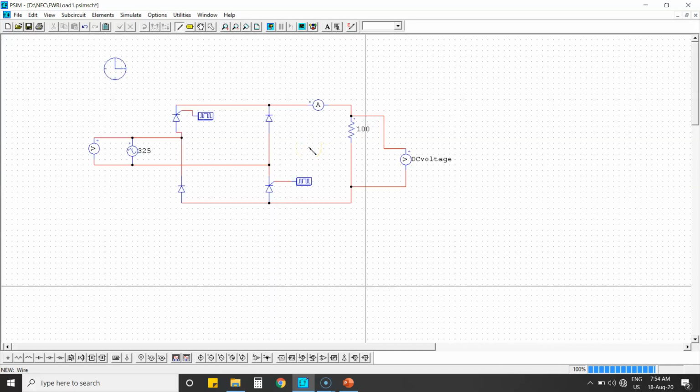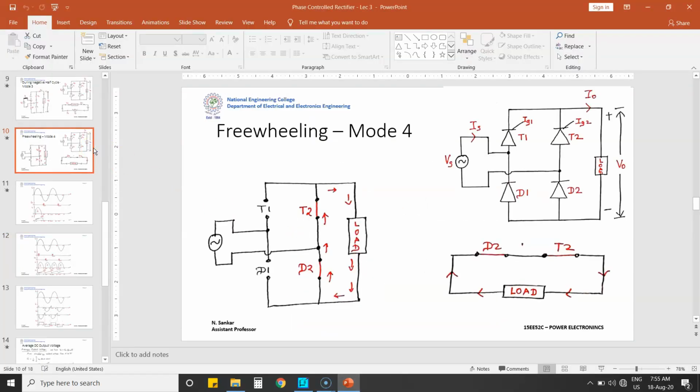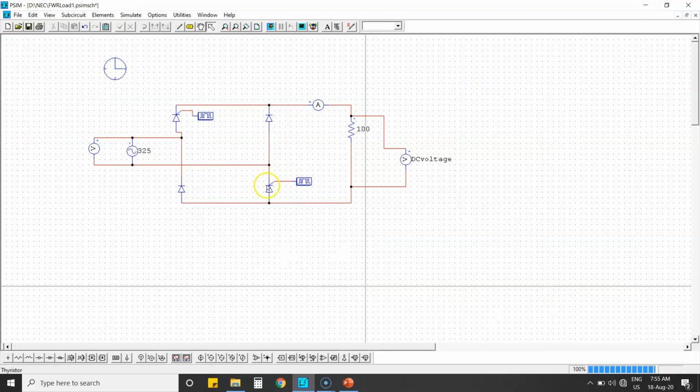Okay, so the connections are over. Just simply replace two diodes. We are going for a symmetrical configuration, right? In the symmetrical configuration, the resistor will be in the upper position, so we have to cut this and paste here.